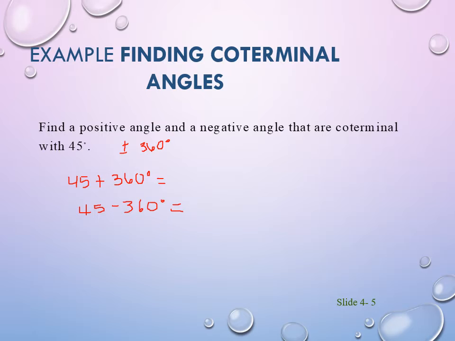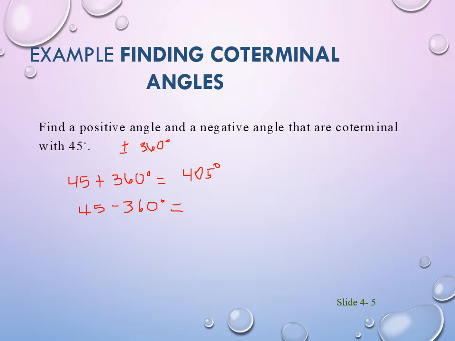So let's solve the first one. What would be 360 plus 45? So we could say here that our coterminal angle would be 405.